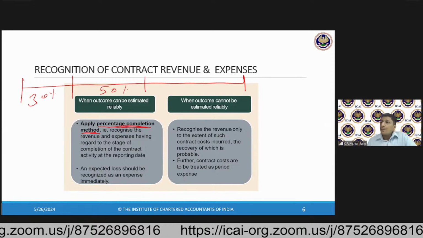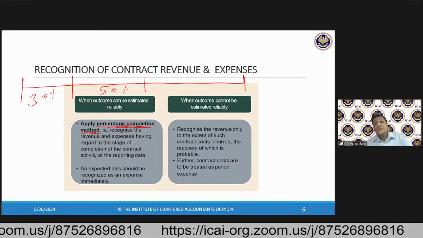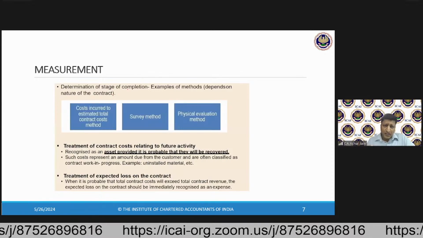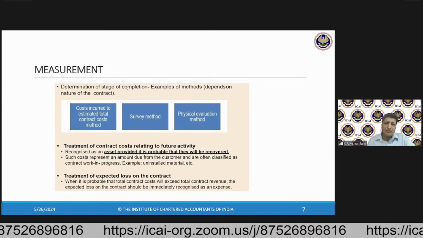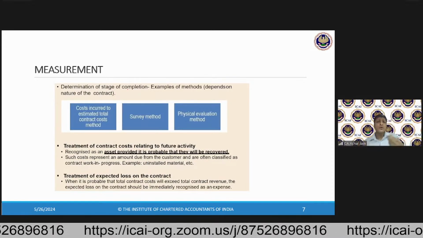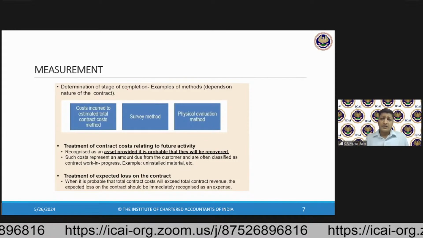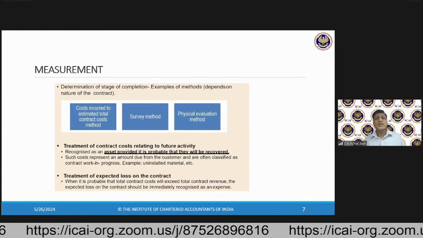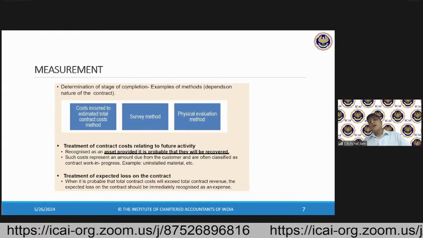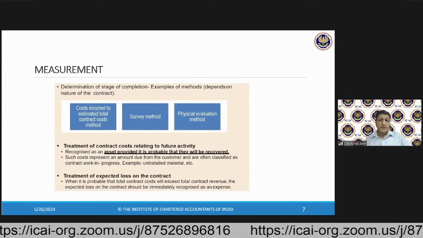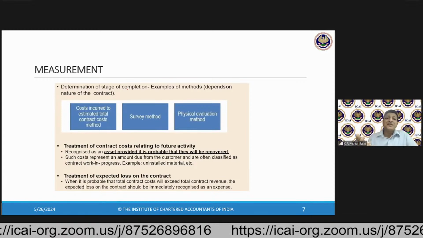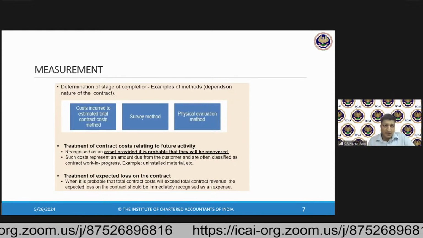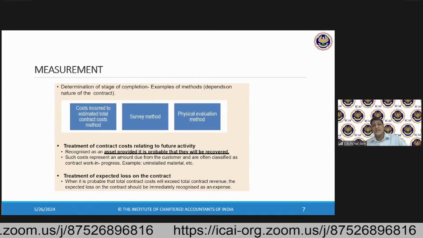Now, in respect of this percentage completion method, there are certain methods which have been prescribed. Because you may have a question: sir, this is understood that the percentage method will recognize revenue on the basis of percentage completion, but how do you derive the percentage completion? What will become the basis for derivation of percentage completion? How do you reach that number?